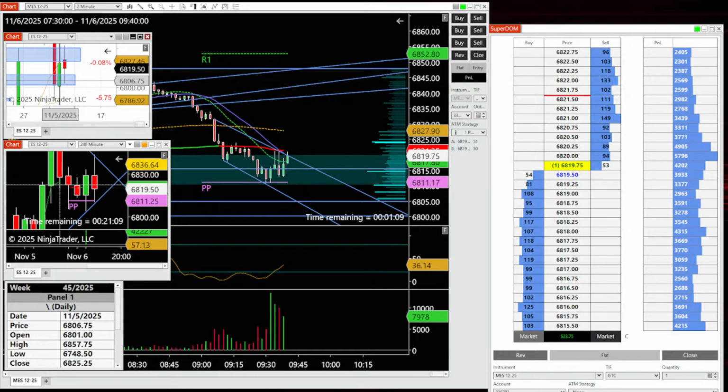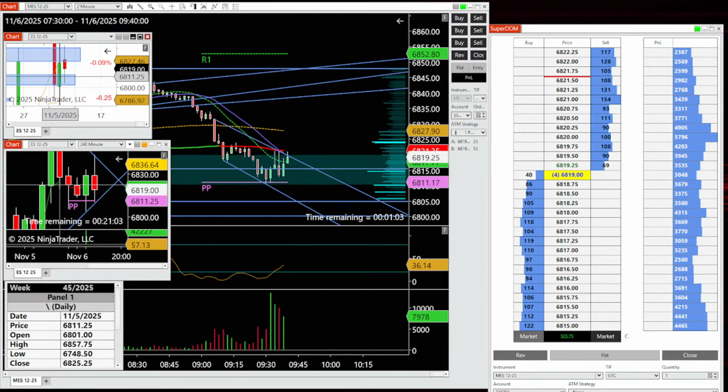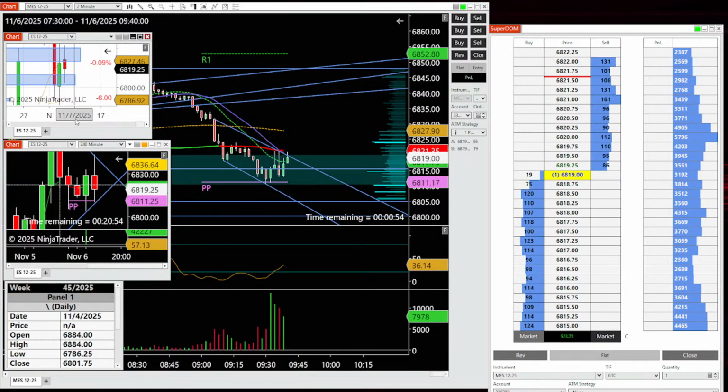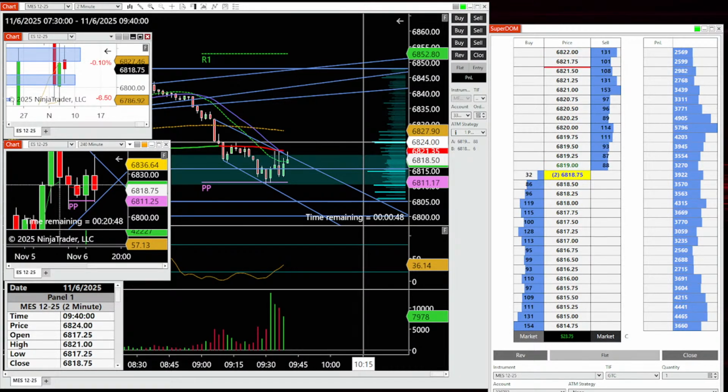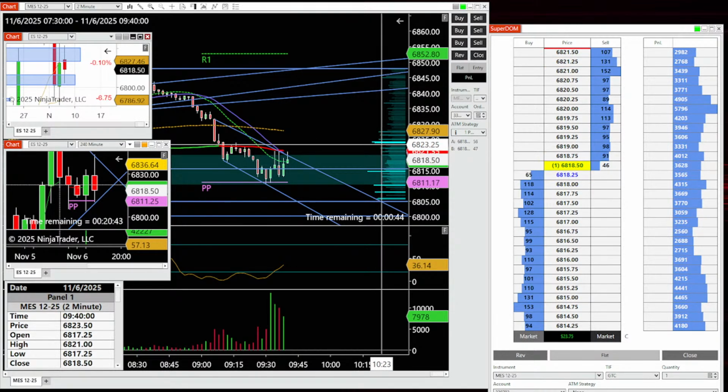Let me see, what's this? 25 and a quarter and 27. This close is 27 and this close is 25, and this open is 28.50. So got some resistance up here where these orders are, in that 24-25 area.